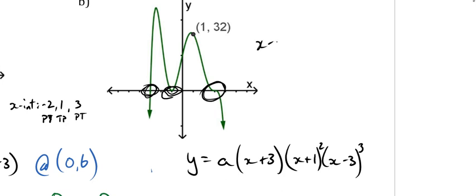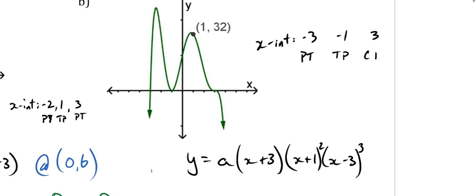So again, x-intercept, if you want to write this down so that you can look back at your notes later, it might not be a bad idea. My x-intercepts are -3, which is a pass-through, -1, which is a turning point, and +3, which is a cubic twist, okay? And then this gives me that. The turning point gives me that exponent, make sure we know that we're pointing at the exponents, and the pass-through gives me this, which is like a 1.